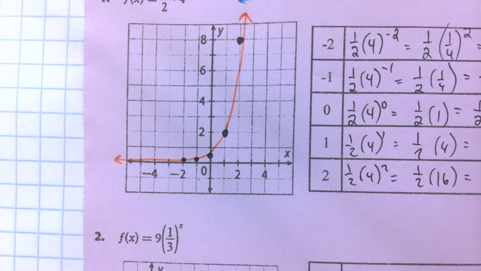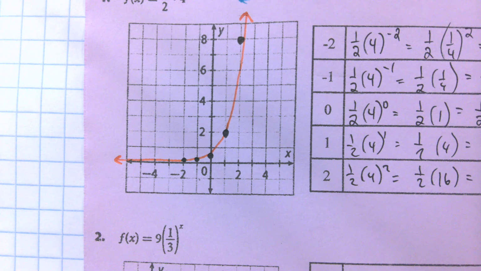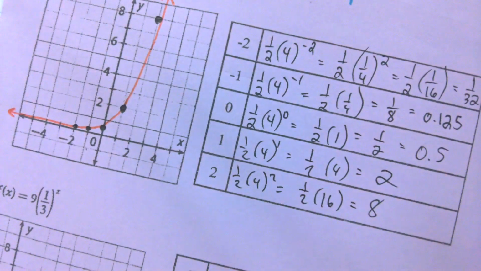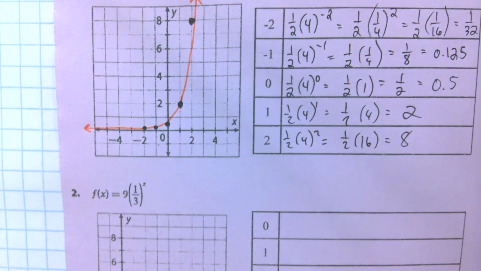You guys kind of see the slide I was talking about? Yeah. So with exponential functions, we could be sliding down to the left, sliding down to the right. We could have an upside down looking slide, which we'll talk about, I don't know, Thursday or something like that.